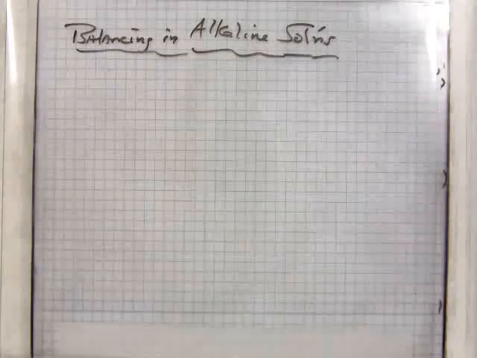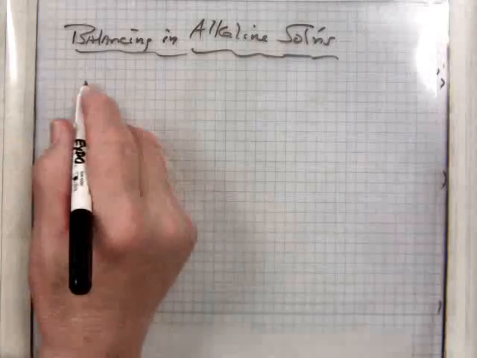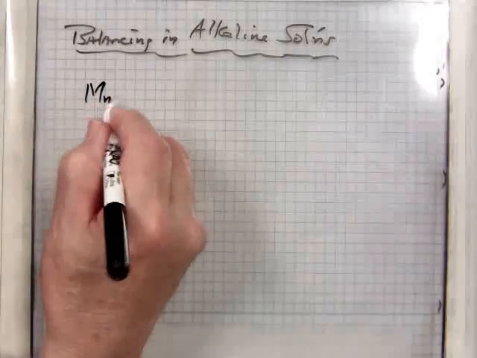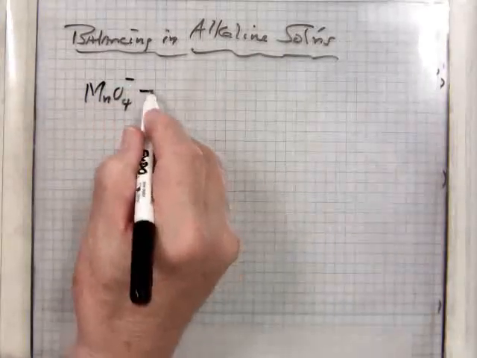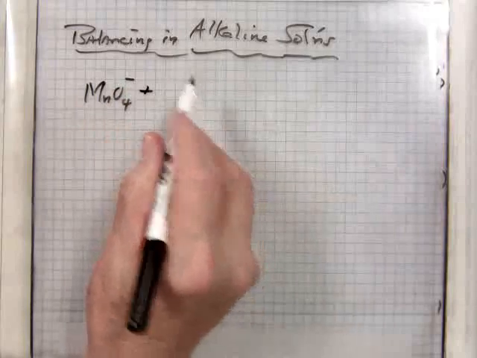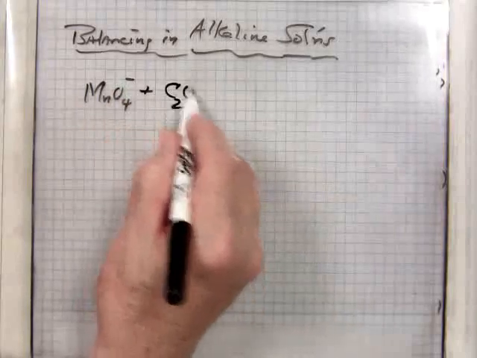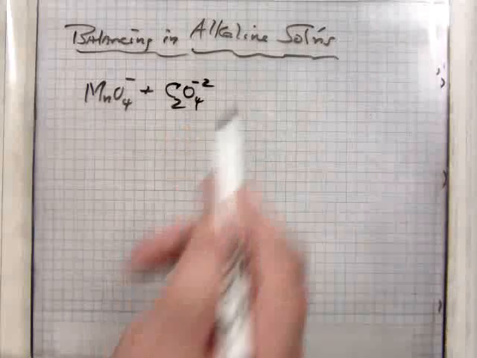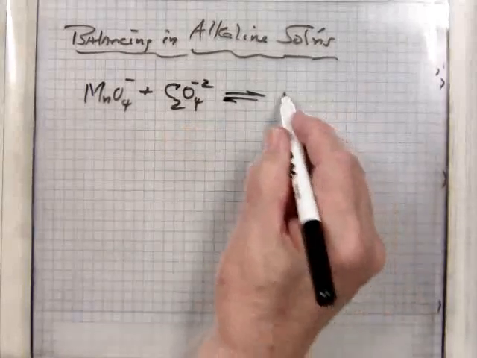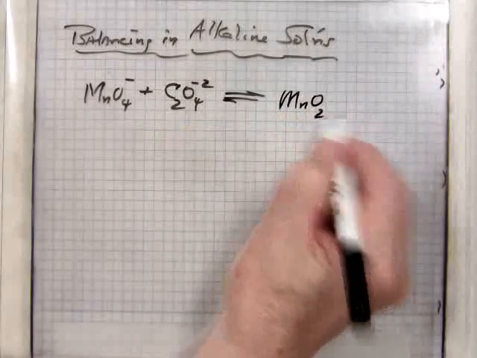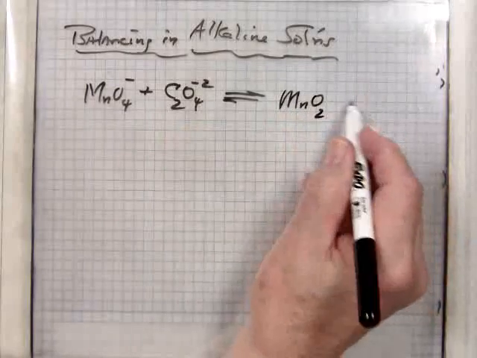Now the first one in this collection is the MnO4 negative plus C2O4 oxalate, and that is going to MnO2 plus the carbon dioxide.